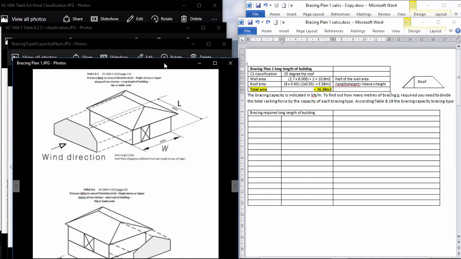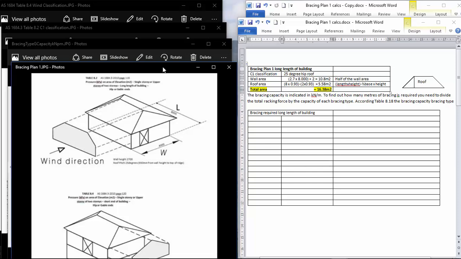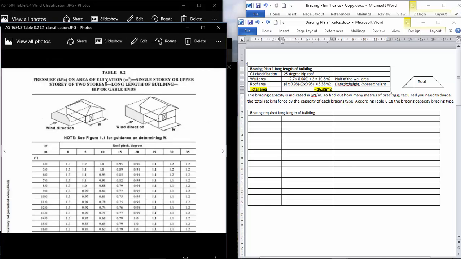We now use the table 1684 for the long length. Here we have 1684. We have it for the long length of the building, and it's a C1 classification. We have a 4 metre width of our building.